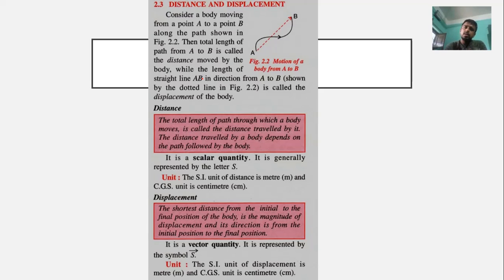Delhi to Ahmedabad and on to Mumbai would take more time, and the distance would be more. So displacement is nothing but the smallest distance. The smallest distance is considered as displacement, and that will be in a certain direction also.